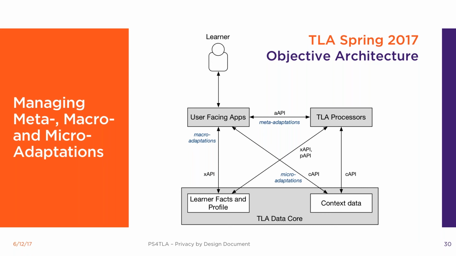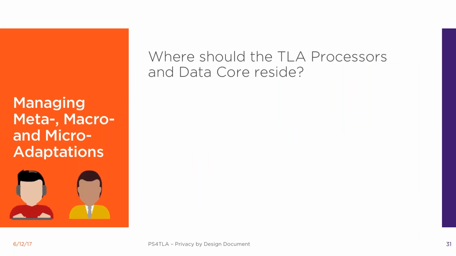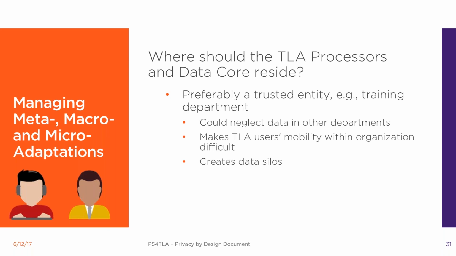The first question that one may ask is, where should the central components of a TLA architecture, or TLA instance, actually reside? Should there be one TLA for the entire army, or maybe one per division or one per department?